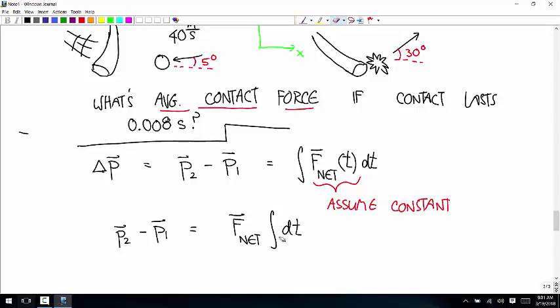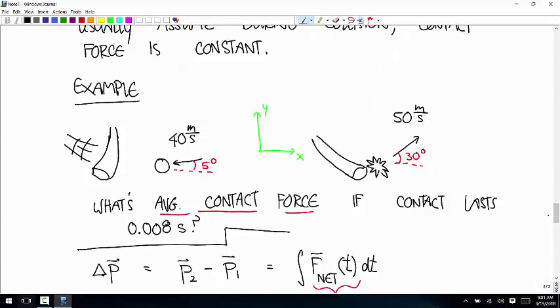We can think of this as from 0 to 0.008. And now I need to give the mass of the ball. The mass of a baseball is 0.145 kilograms.